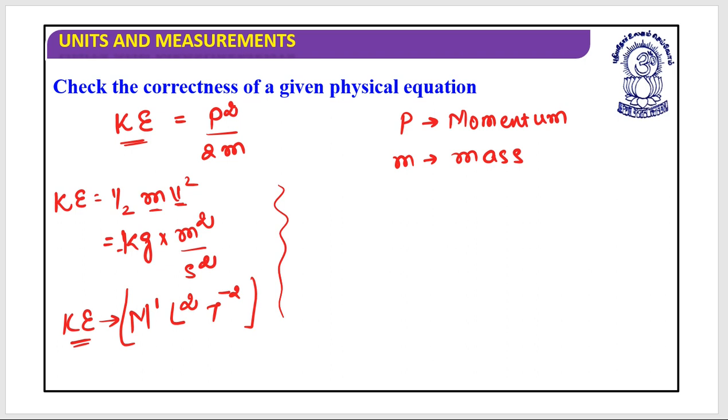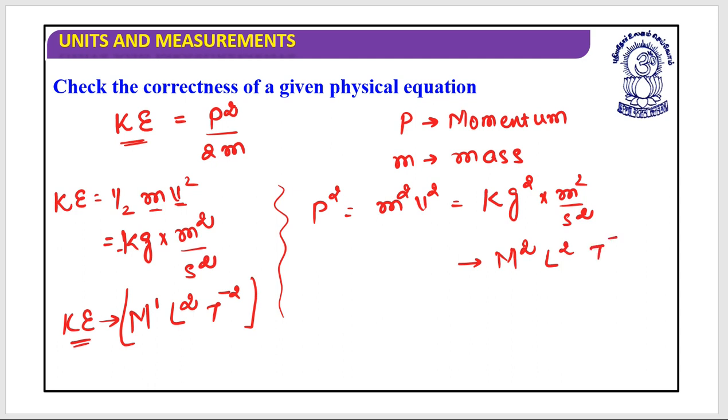Now I need to find out the dimensions of the right hand side quantities. P square, it's momentum square. What is momentum? It is mv, so p square is m square v square. M square is kg square multiplied by meter square per second square. So if I make a dimensional formula of this, I should write M2 L2 T minus 2.